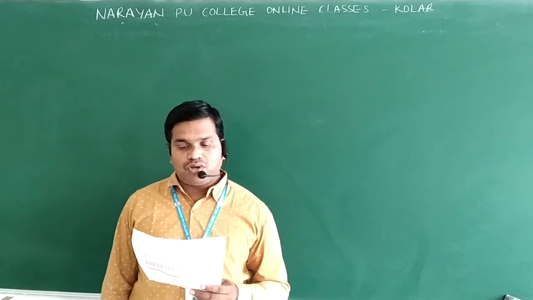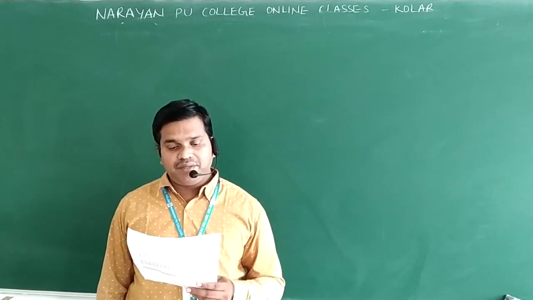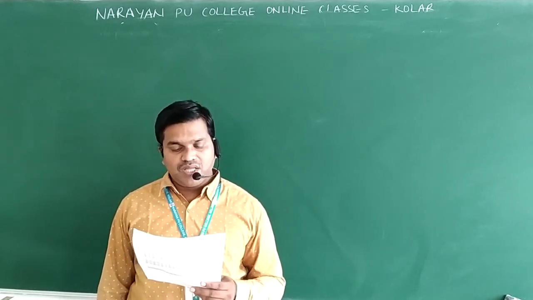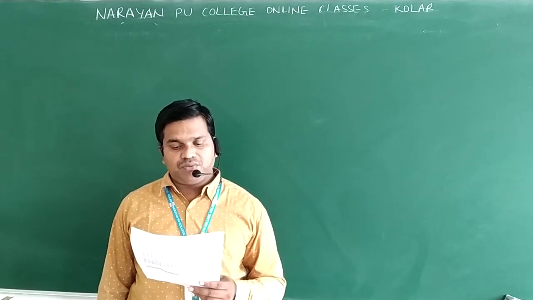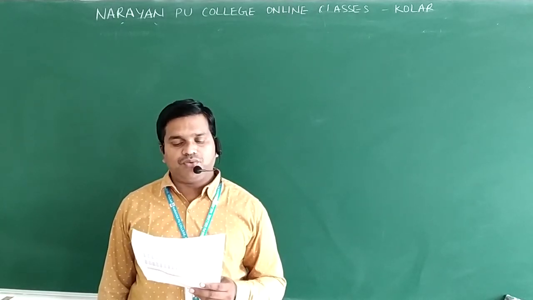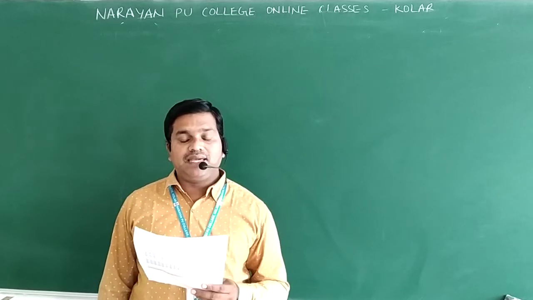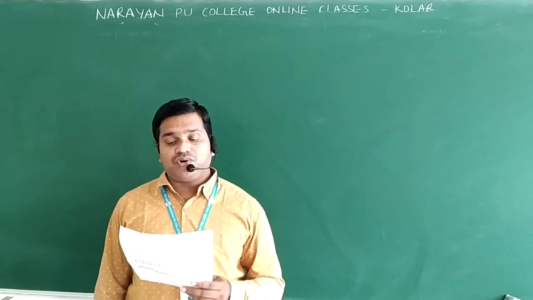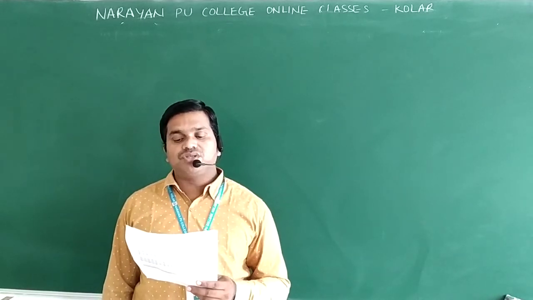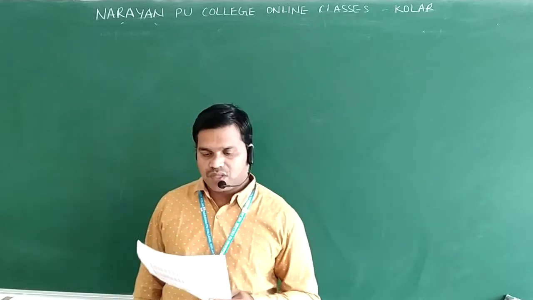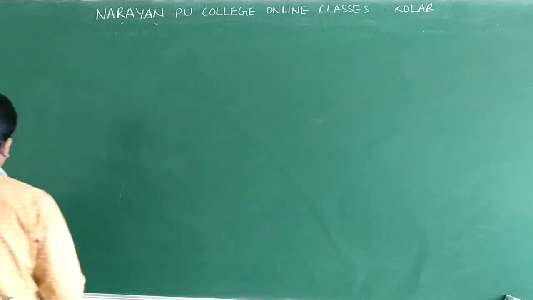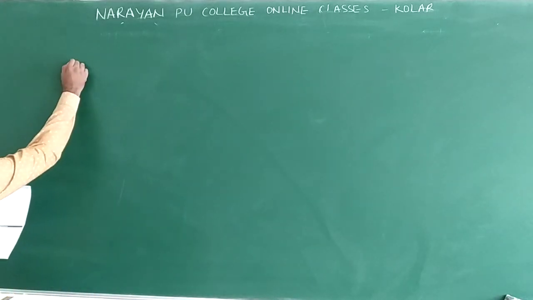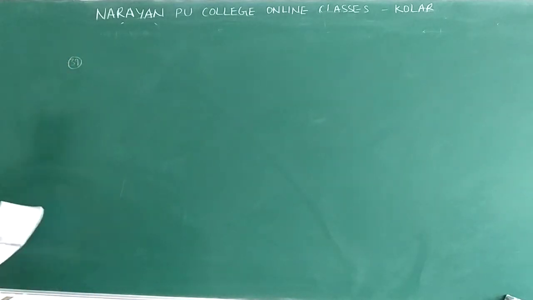The values of Kf and Kb for water are 0.512 and 1.86 Kelvin mole inverse. They are asking the freezing point of an aqueous solution. Clear? Here we want to use two formulas.